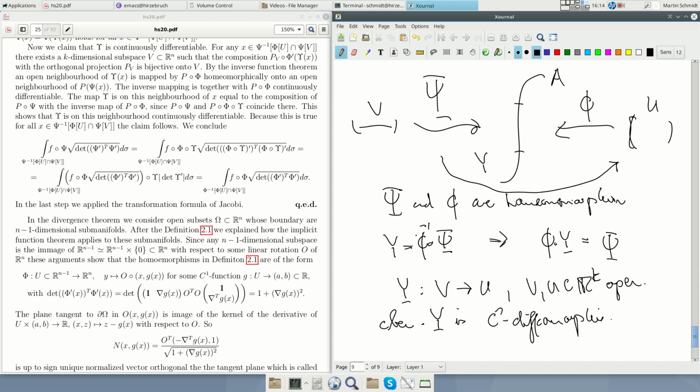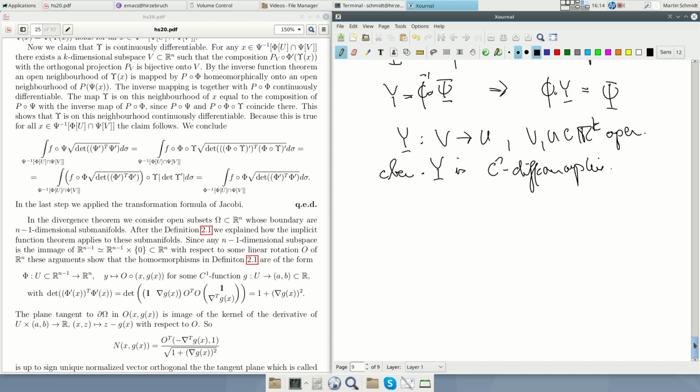So if we can show this is differentiable, then we are done with the inverse. First, sorry, this is a local statement.